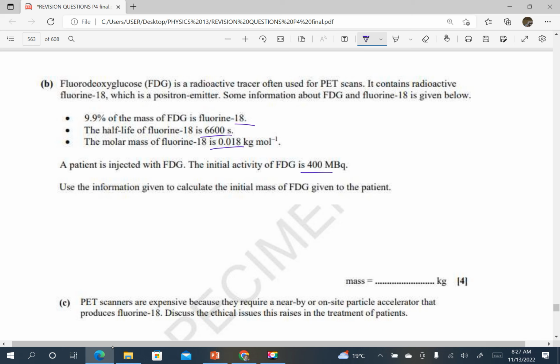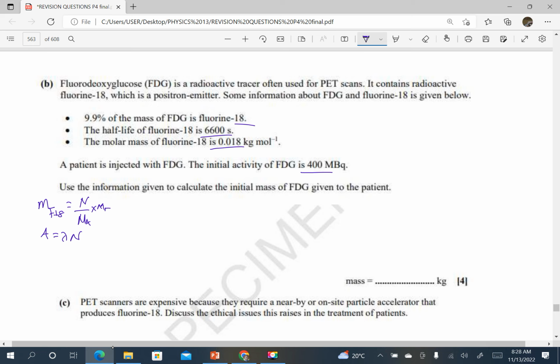First of all, the mass of fluorine, which I'm going to call M_F18, is going to be the number of particles, nuclei of fluorine, over Avogadro's number times the molar mass. We don't have N, the number of nuclei of fluorine, but N can be got from activity A equals lambda times N. And we don't have the decay constant, but we have the half-life.